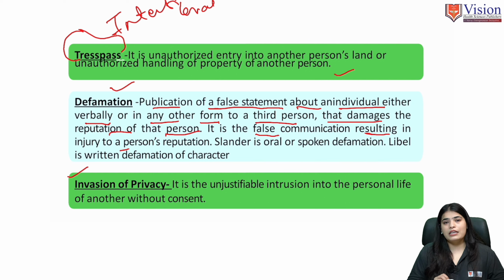As we have talked about in ethical principles, we have to maintain the confidentiality of the patient, but whenever there is unjustifiable intrusion into a person's personal life without their consent, that is called invasion of privacy, and it is an intentional tort.